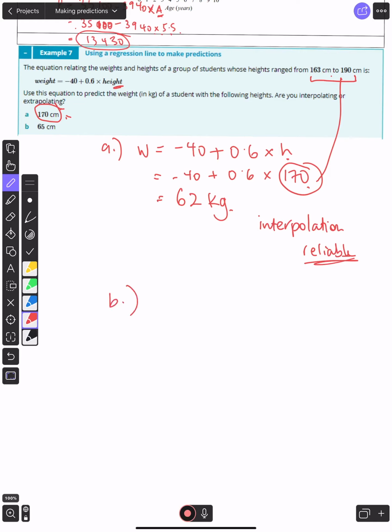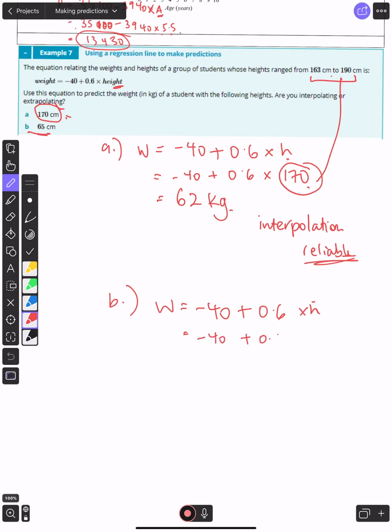How about 65? Let's have a look at this. So again, write down the equation. 0.6 times height, and then 65 centimeters, so that clearly is a height, so it goes in this section here as well.